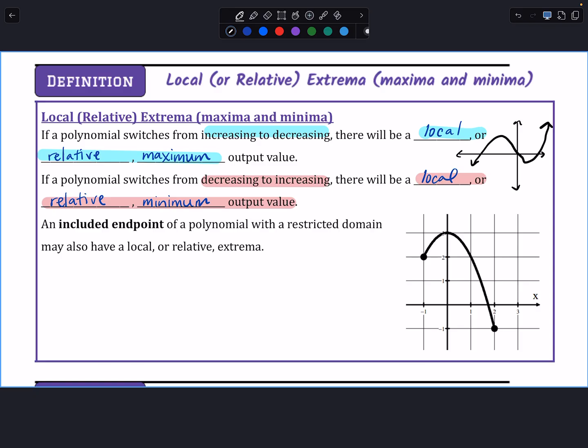We read a graph from left to right. Right. Okay. So if I'm starting here and I want to start traveling, which direction do I have to move, up or down? Up. So right here, do you guys agree this is increasing, right?